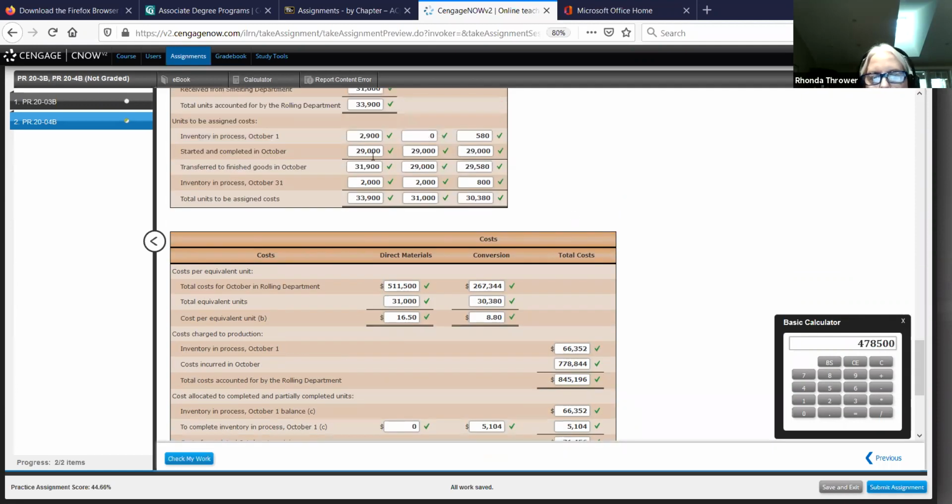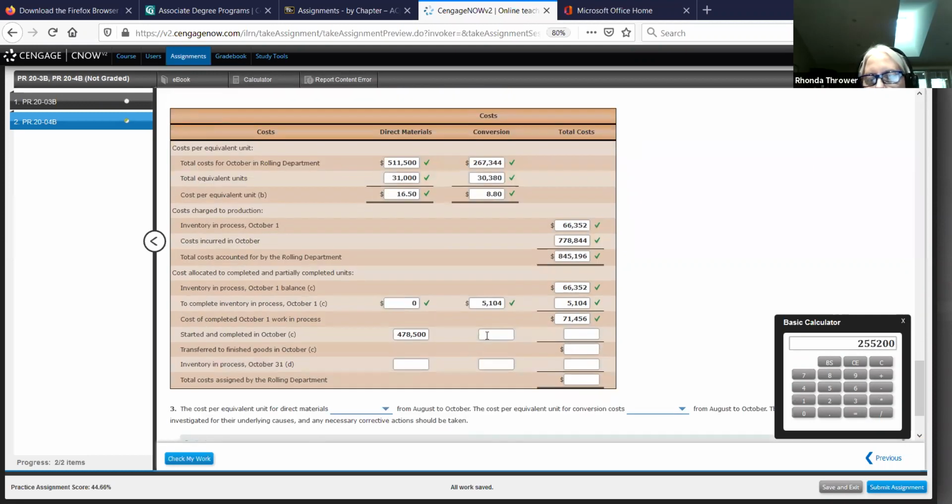And we're going to take our started and completed units for conversion, which was 29,000. And I'm going to multiply it by my conversion cost per unit, which was $8.80. Then I'm going to combine both my materials and conversion together.